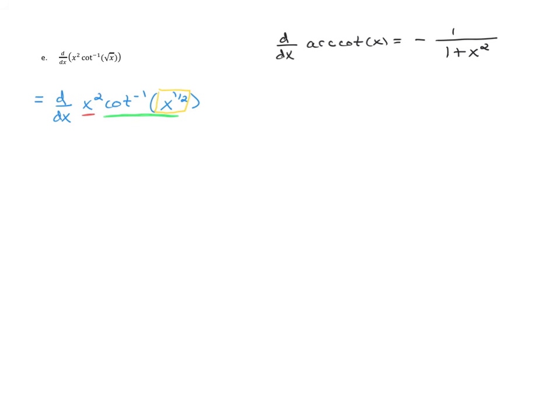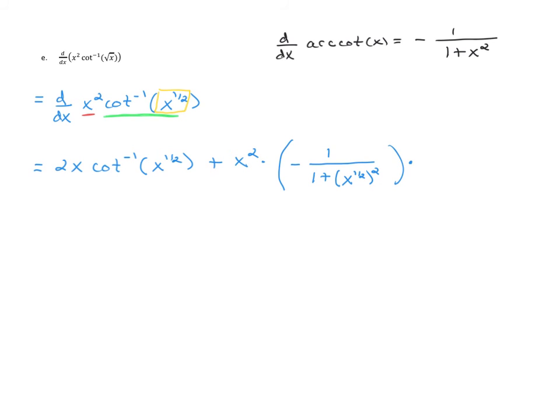Okay, let's do it. The derivative of the first is 2x, and then I copy down cotangent inverse of x to the 1/2. I then add on x squared times the derivative of cotangent inverse of x to the 1/2. Applying directly into this rule, we get negative 1 over 1 plus x to the 1/2 squared.